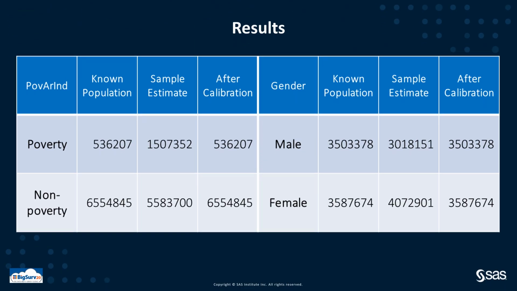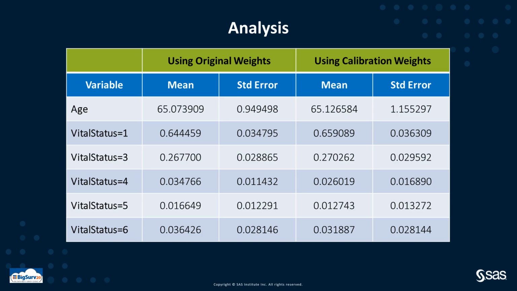Now, if we sum over the gender and the residency using the calibrated weights, the results match the known marginal totals. This table compares the analysis of variables vital status and age by using the original sampling weights as weight on the left side and the calibration weights, cal as weight, on the right side. The point estimates and the standard errors changed slightly for this example because of the calibration adjustment.